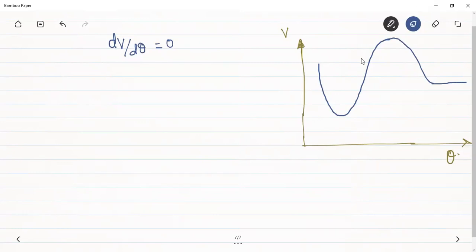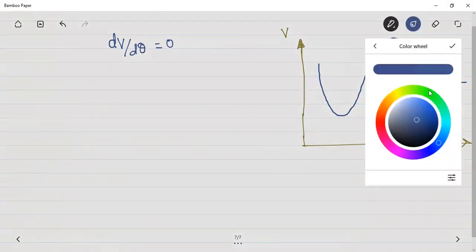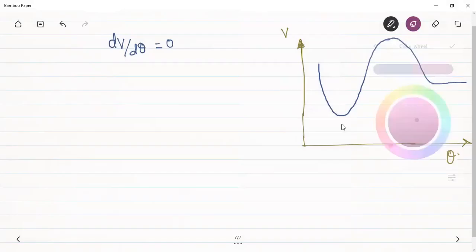First of all, we can see that at this position, if we draw the tangent, the slope of the tangent is 0. Similarly, at this point, if we draw a tangent, the slope of the tangent is 0.